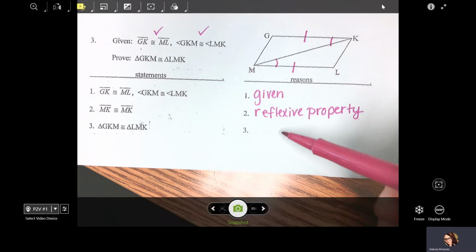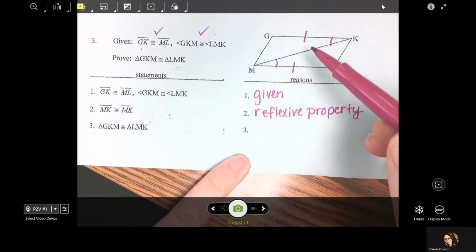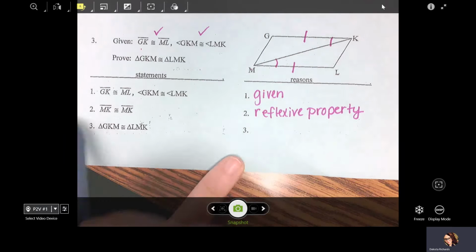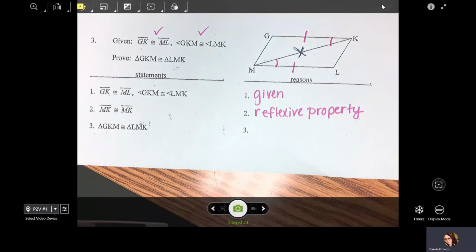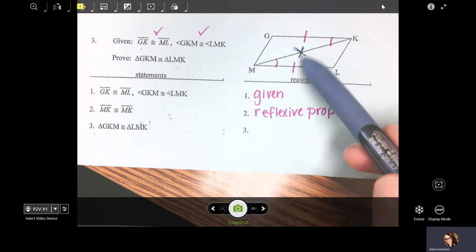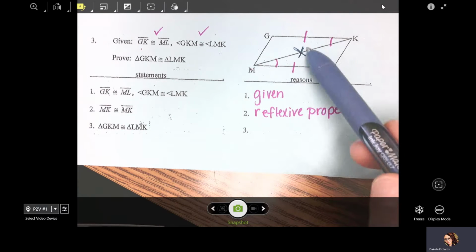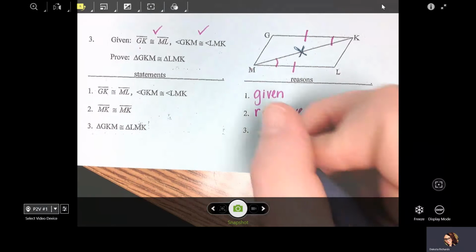Okay, what is the reason that proves that? Well, look at what you're given. Something I didn't mark that we just went over was MK equals MK. Basically, these two triangles share this side. Right, so the angle is in between the two sides, yes, and it's up here too. So this is just side, angle, side.